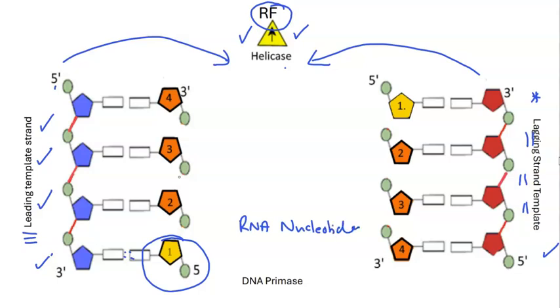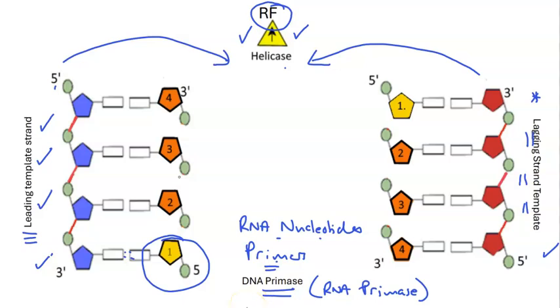These are also referred to as primers. These RNA nucleotides, which are added to the chains, are added by the enzyme DNA primase, which by some authors is also known as RNA primase, and you can regard those two enzymes as being the same thing.